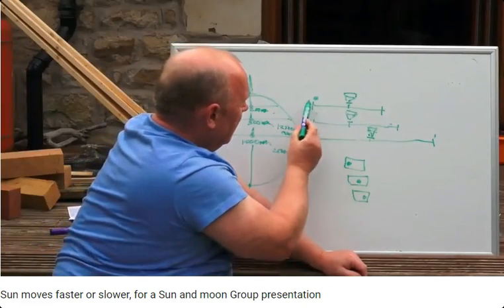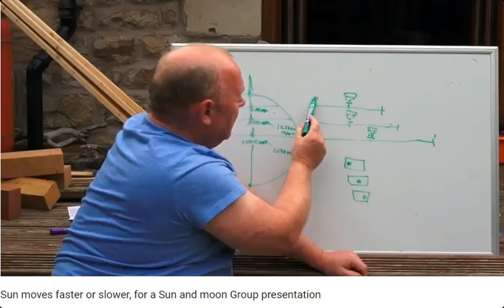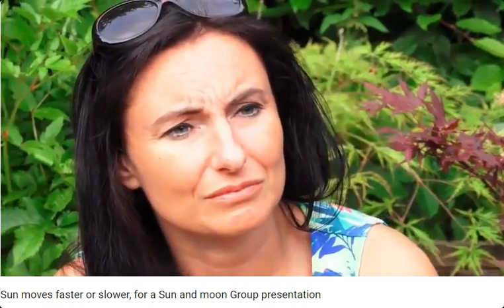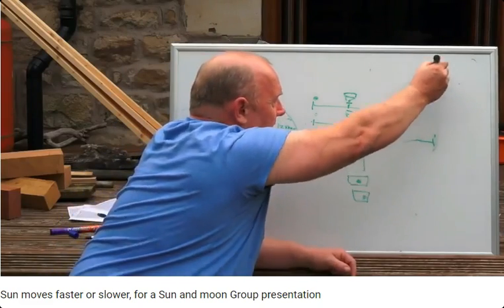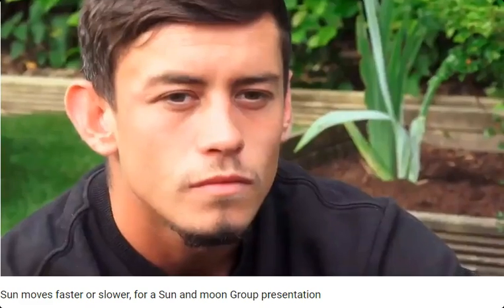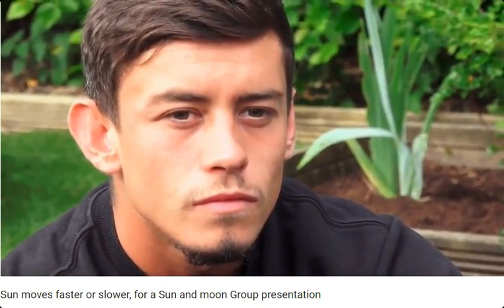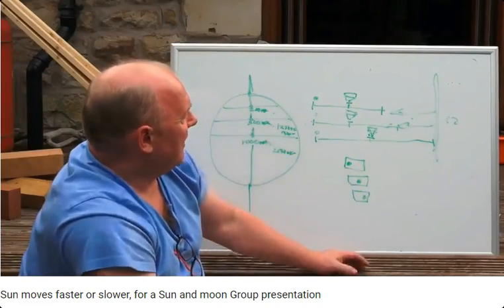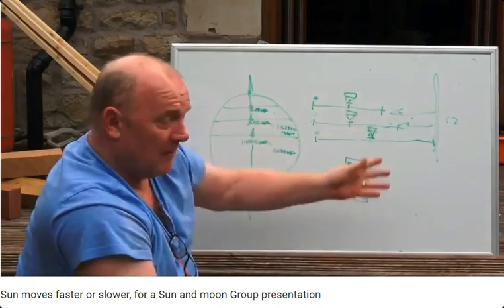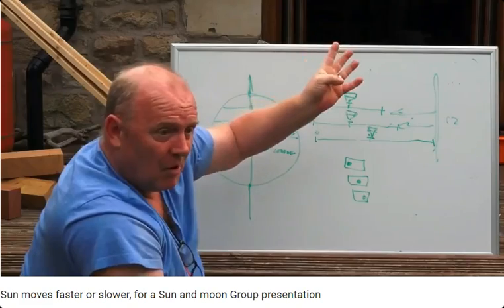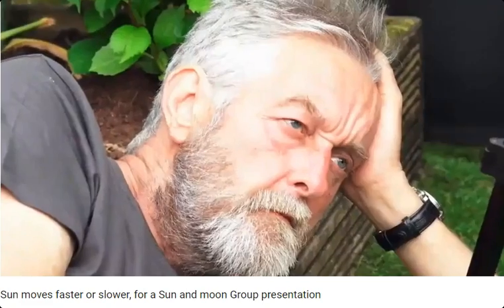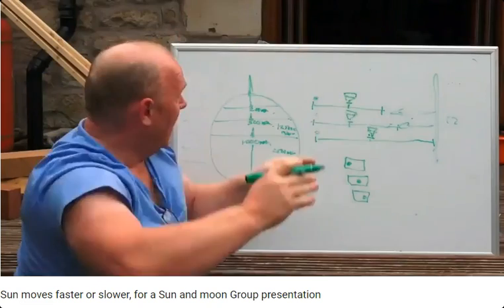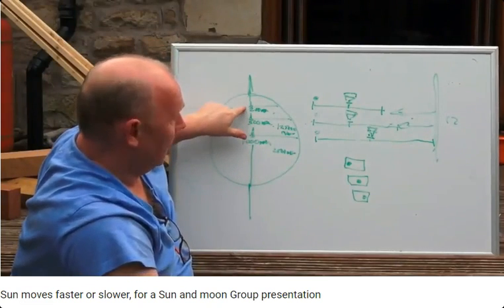Because the sun, you see, has got to travel at different distances in the same amount of time. So that's all a 12-hour day. There and there. That's why I'm saying you should see the sun from your perspective, or any item from everyone's perspective, move faster across your field of view, depending on where you are on the globe.